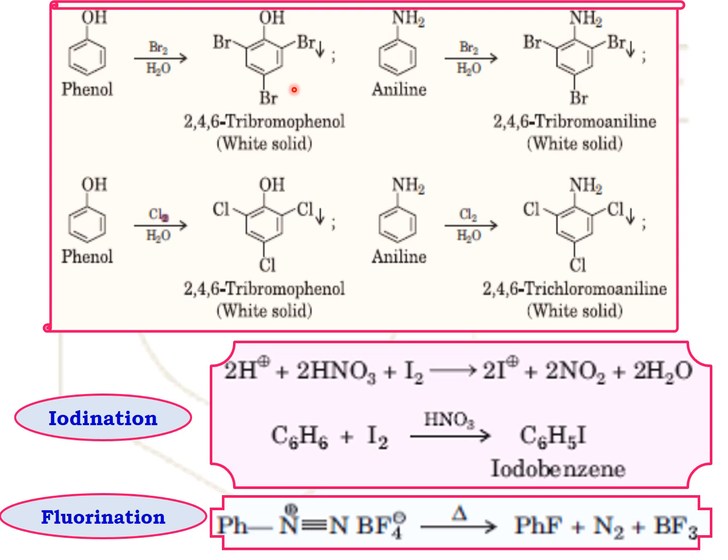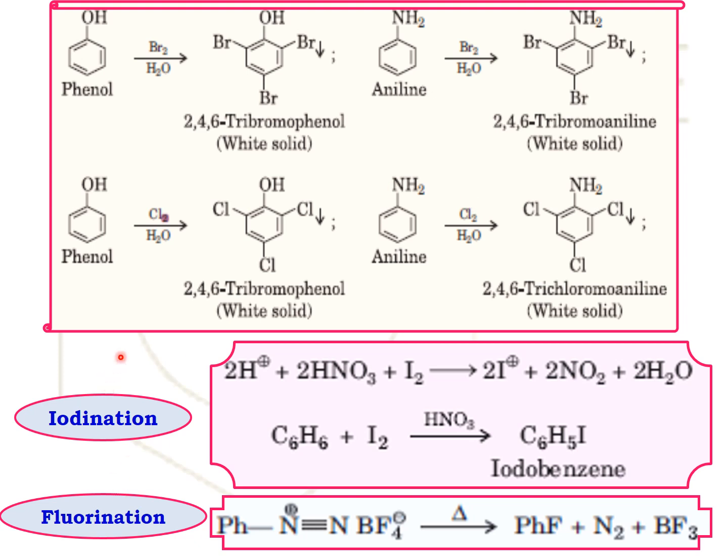Through estimation, we can find out the quantity of phenol or aniline which we had in the unknown solution. Similarly, chlorination can also be done. Chlorination of phenol by using chlorine water gives trichlorophenol, and similarly for aniline it gives trichloroaniline.